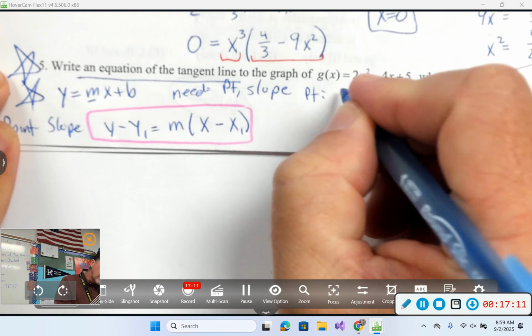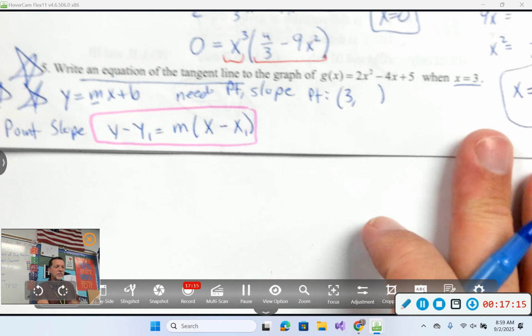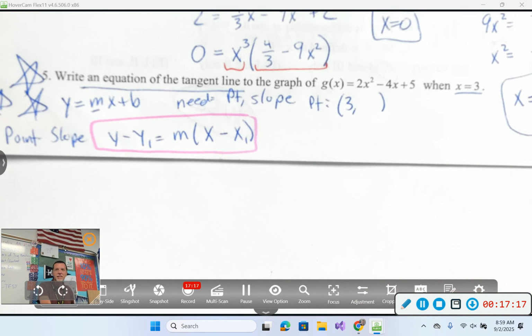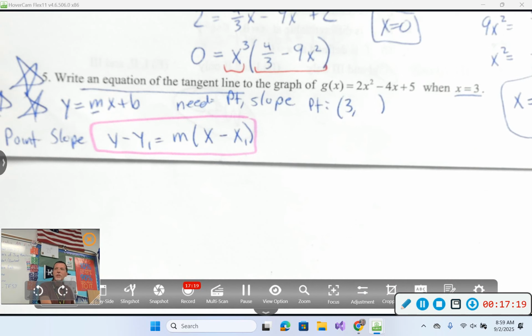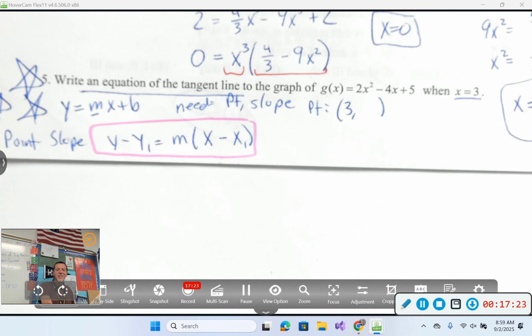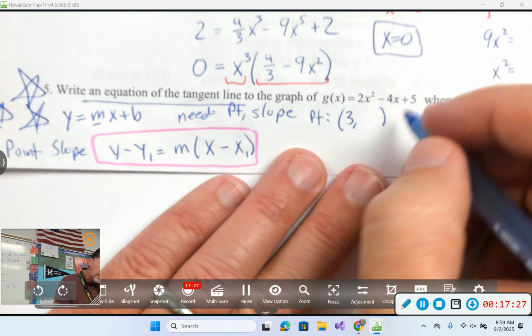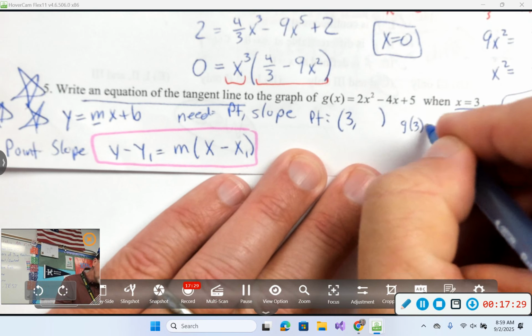Alright, well, x is 3. There's my x coordinate. How am I going to find my y coordinate? Algebra 1 students, what do I do if I have x and I want to find y? Plug it in. So no calculus yet.